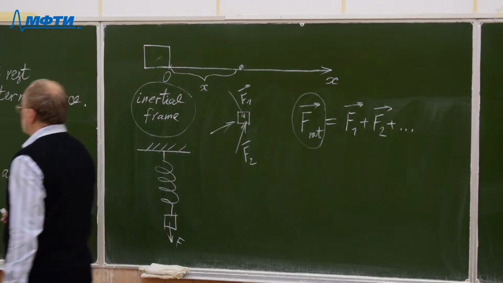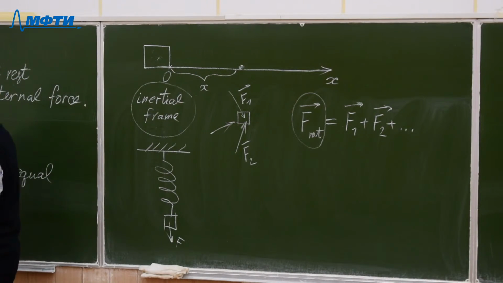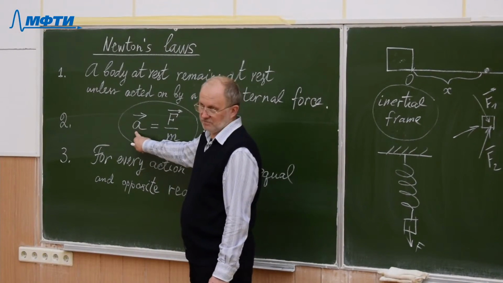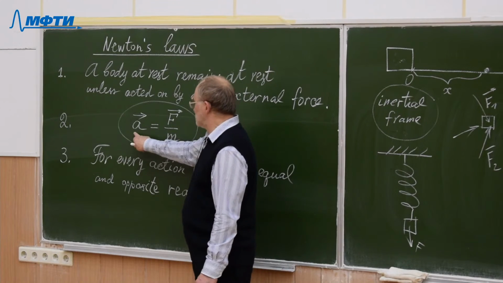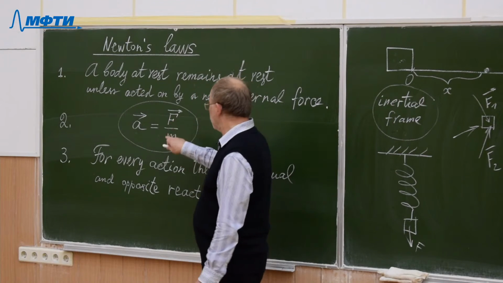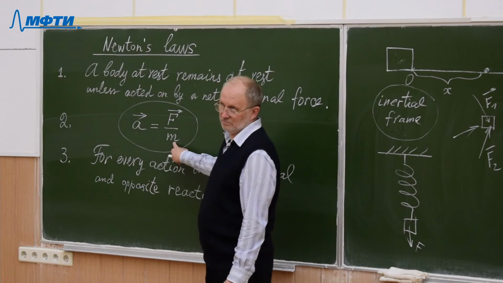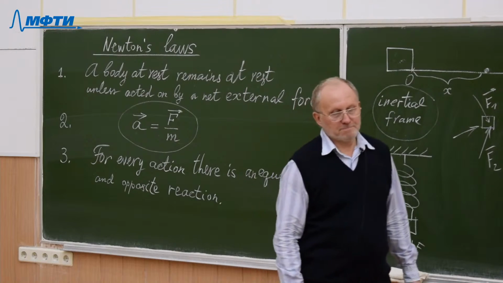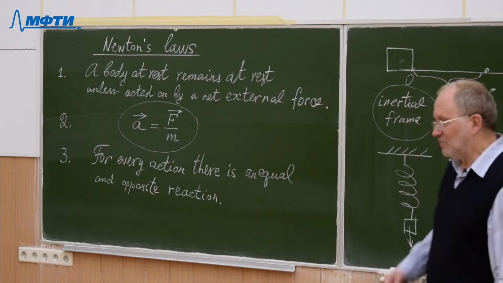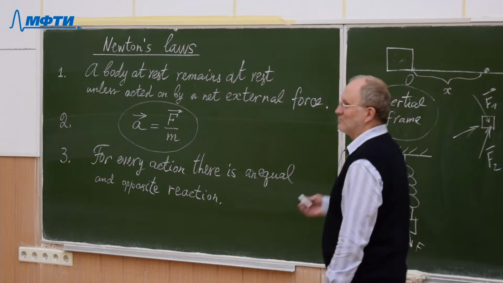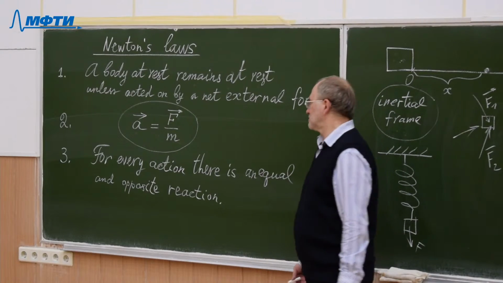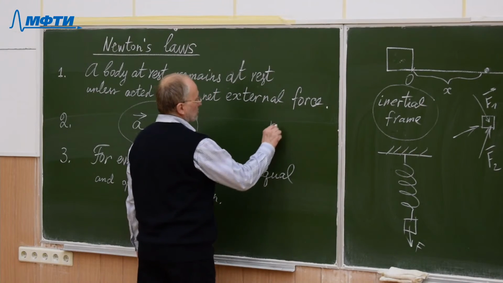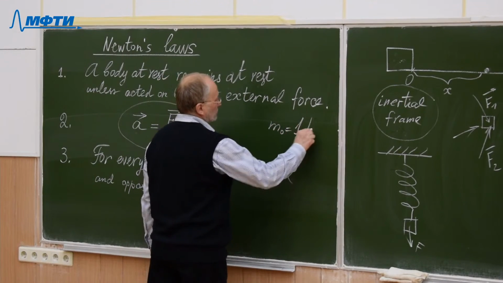So I wanted just to underline that in order to use this formula and in order to calculate the acceleration, you must have some instruments to measure the force and mass. And to measure always means to compare with the unit of measurement. When we measure mass, we compare it with a unit mass of 1 kilogram.